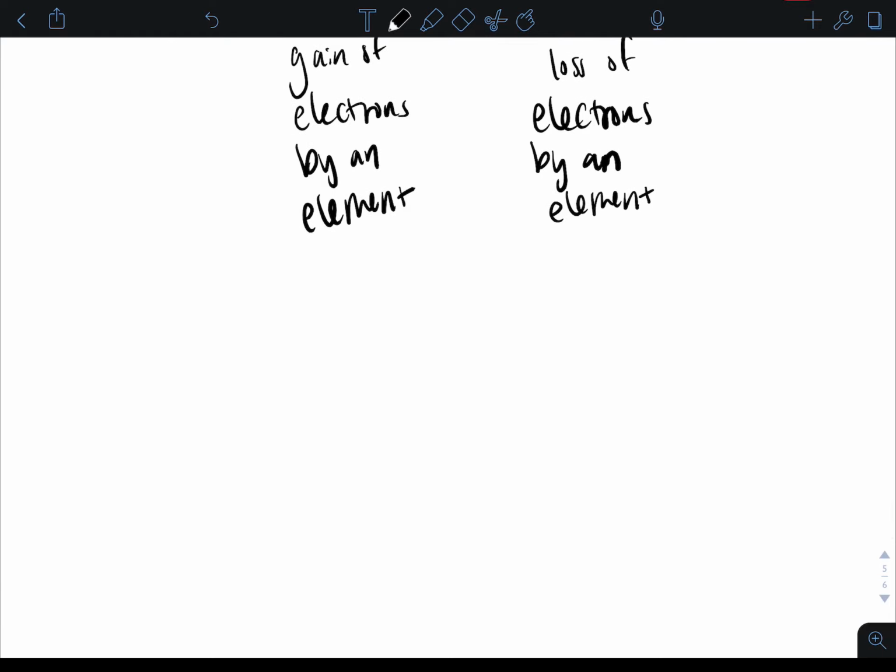So there are a bunch of steps to doing redox reactions. The first thing is determining the oxidation number or state.